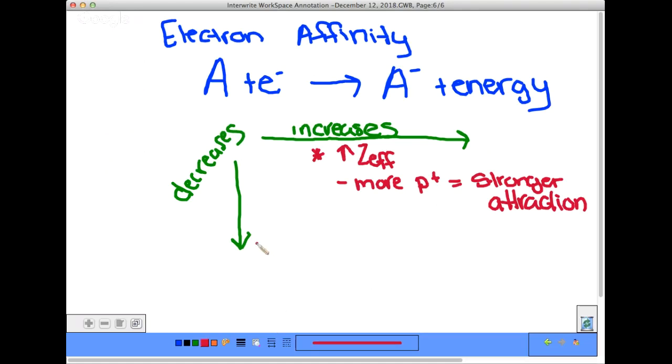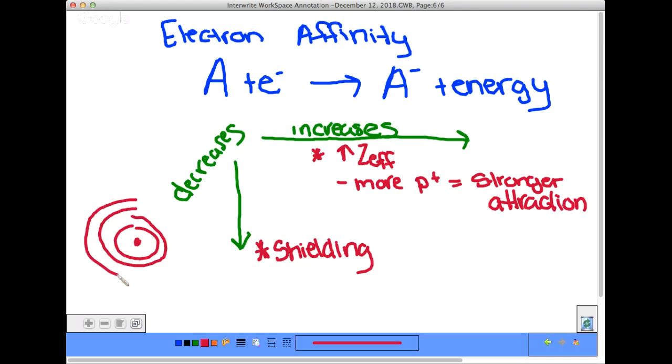And we see that it decreases because there is more shielding. So we kind of talked about this idea of shielding. We talked about the idea that if we have an atom, the more energy levels that we have, and here's my electron, the weaker that attraction is. So that attraction is a lot weaker when those electrons are further out.